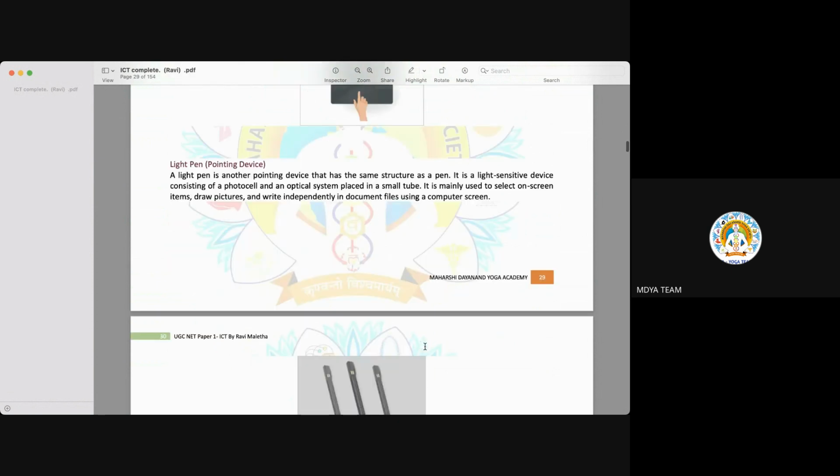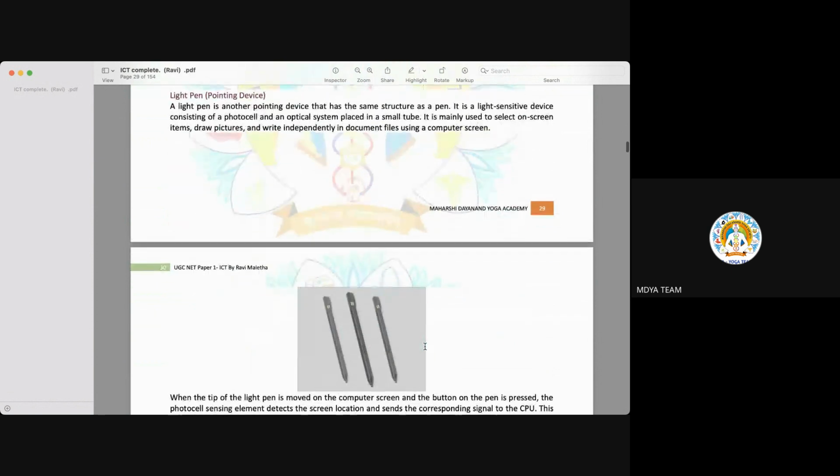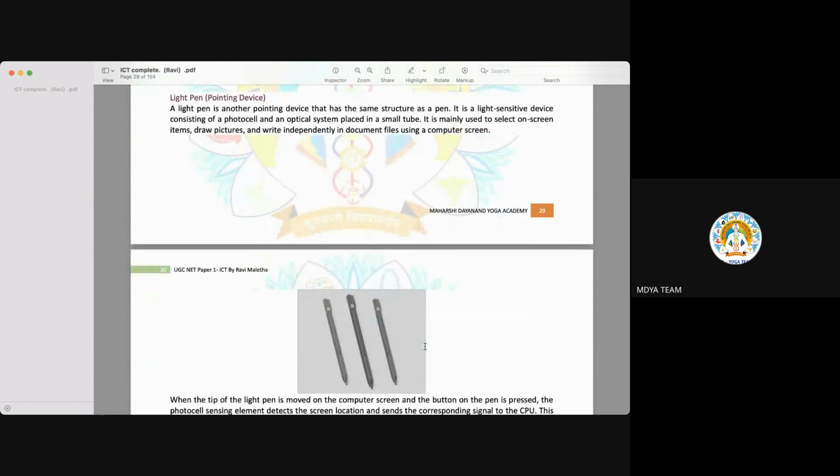Then a pen looks like this, which we use to write text in our copies. So this light pen is another pointing device which has the same structure as a pen, and it is light sensitive, consisting of this photo cell which is controlled by the light, and an optical system also there, which is placed in a small tube here, and it is mainly used to select on-screen items.